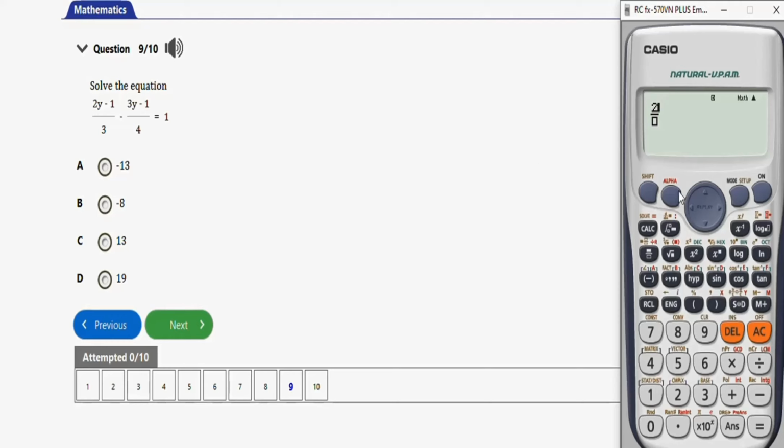So we have 2x minus 1 over 3, minus 3x instead of 3y, minus 1 over 4, equals alpha calc 1. To solve this, we shift calc, assign x to be 0, x equal to. So to solve it for you, minus 13. The right option is option A.